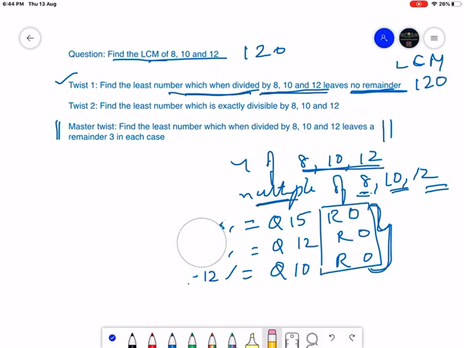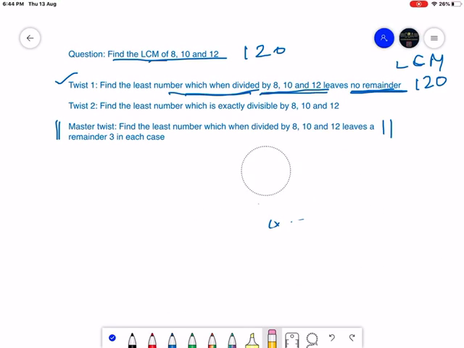You may be asked. Now the next twist is find the least number which is exactly divisible by 8, 10 and 12. Now what does that mean? So 120 is not leaving any remainder when you divide by 8, 10 and 12.